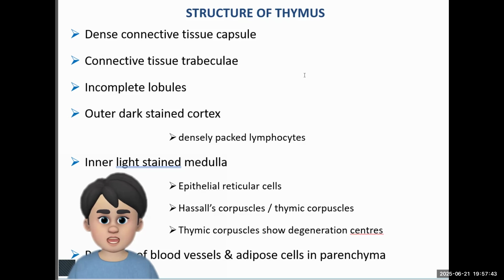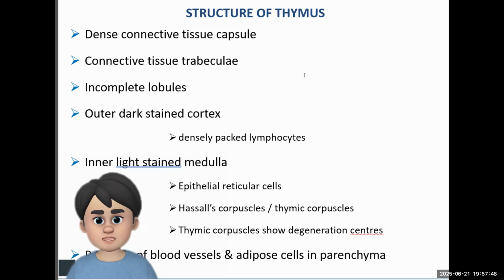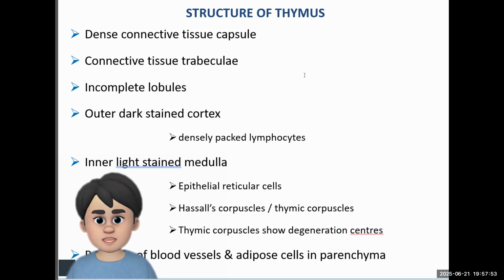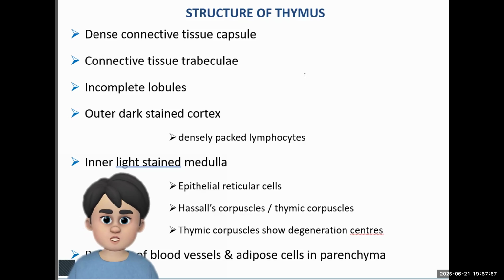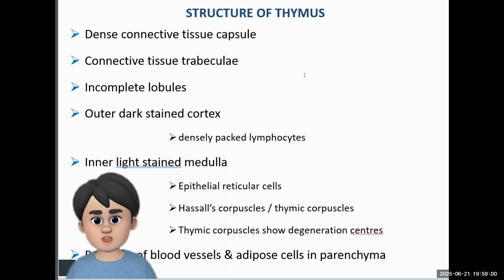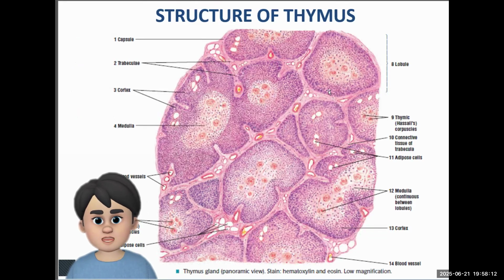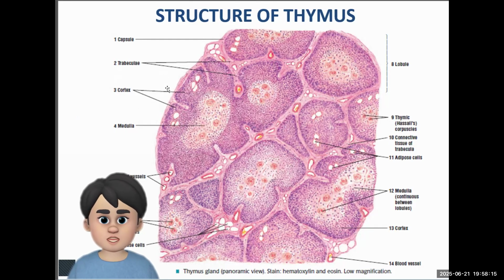You have to study the connective tissue, trabeculae, incomplete lobules, outer dark stained cortex with densely packed lymphocytes, and inner lightly stained medulla. Epithelial reticular cells, then Hassall's corpuscles, thymic corpuscles, germinal centers, presence of blood vessels and adipose cells in the parenchyma. Structure of the thymus capsule, cortex, medulla, blood vessels. It is better to know this.